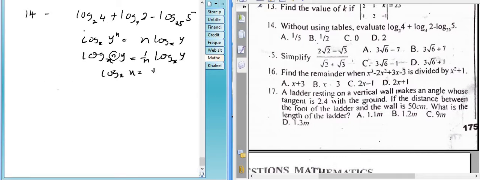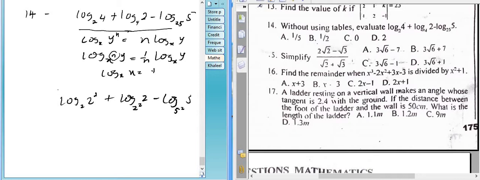So from this right here, for the top one, we can say log base 2 of 4, where 2 squared is 4, then plus log base 2 squared of 2, then minus log base 5 squared of 5.